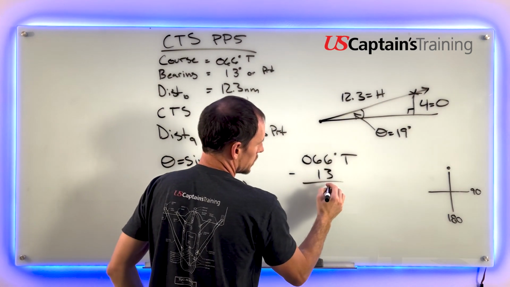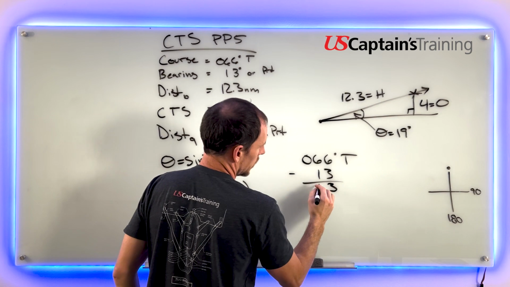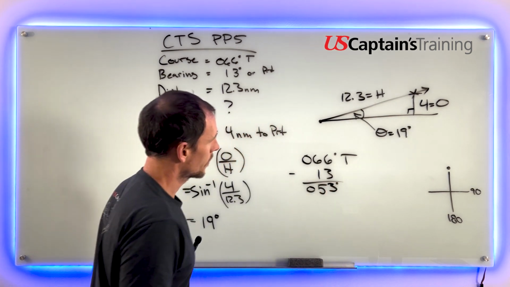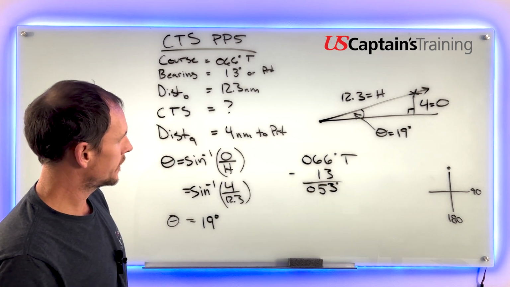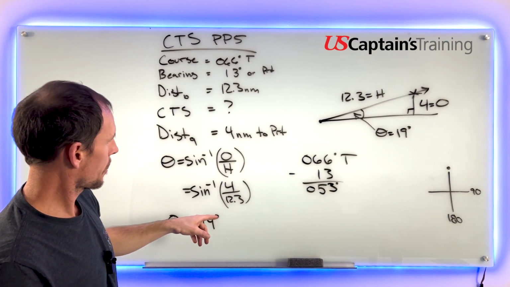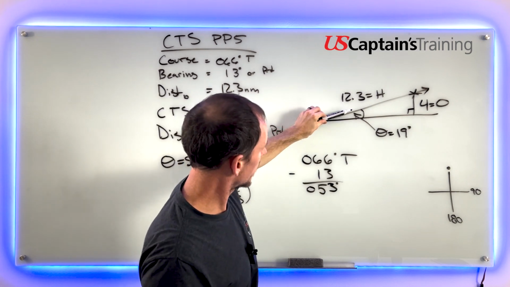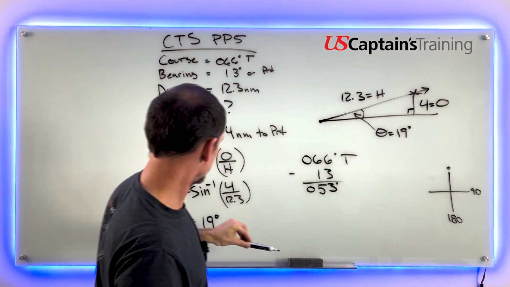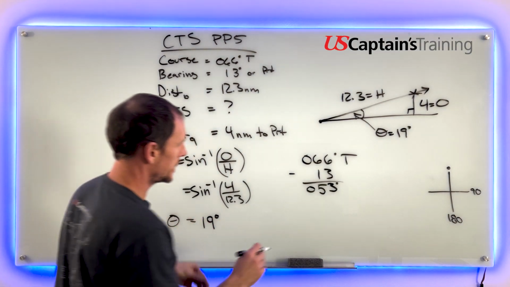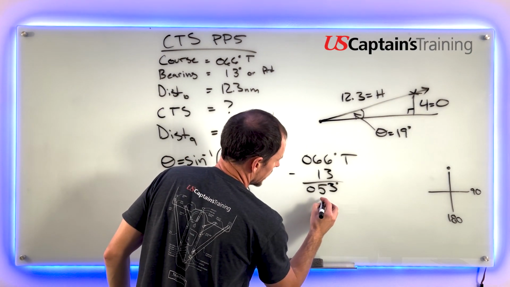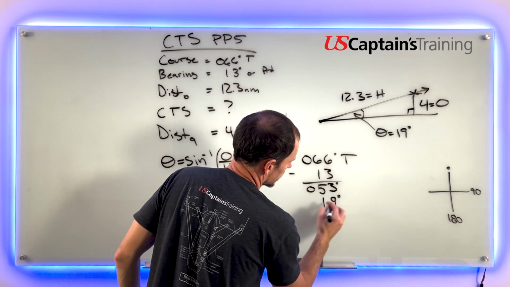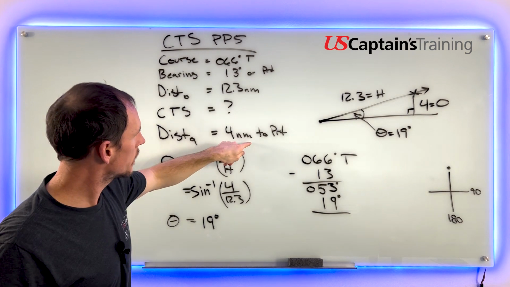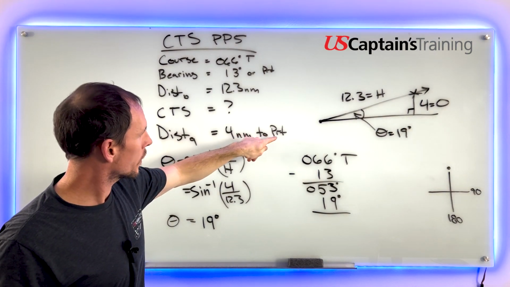Minus. 6 minus 3 is 3. 6 minus 1 is 5. That's 53 degrees now. So now we're at 53 degrees. And we're going right towards, this line is actually what we're representing now. 53 degrees. And we need to correct 19 degrees. Do we add or subtract that 19 degrees? Let's figure that out. So we leave it 4 nautical miles to port.